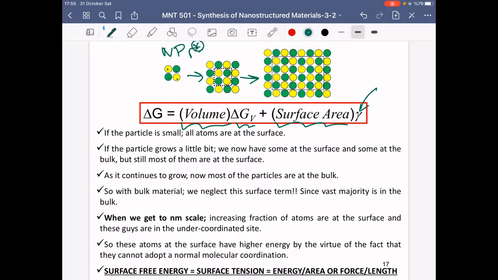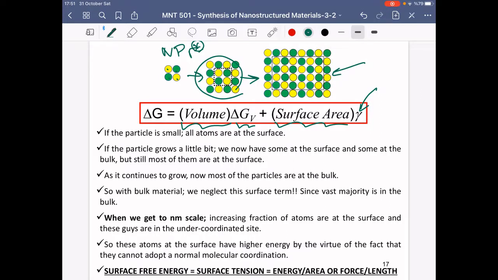If the particle grows a little bit, we now have some at the surface and some in the bulk, but still most of them are at the surface here. As it continues to grow, now most of the atoms are in the bulk, okay?